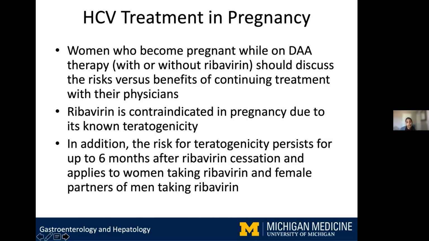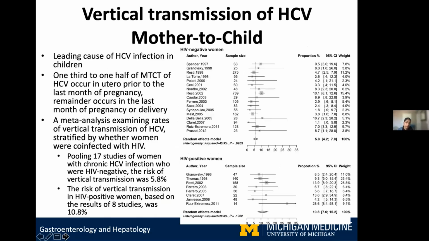So again, in the small group of women of childbearing age who are on ribavirin-based treatments or recently treated with ribavirin-based regimens, it's recommended that pregnancies do not happen until 6 months after stopping ribavirin to make sure it's been cleared out of the system. And this also applies for men in terms of contribution to family planning.